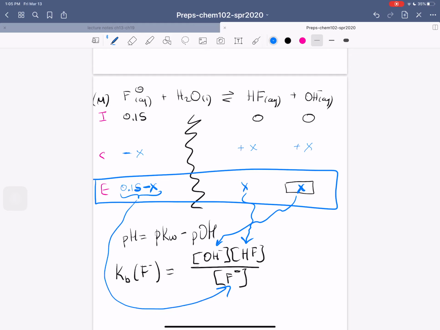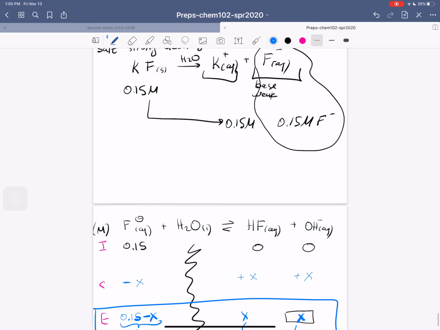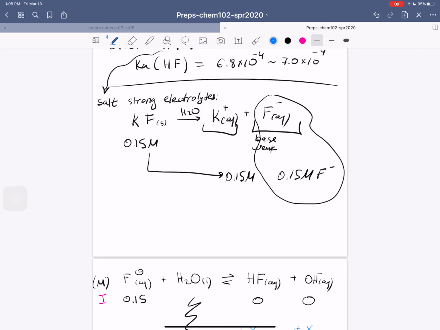But the point is, what is the value of the Kb here? So let me take you back to the question itself. What I'm given here is the value of the Ka of HF.